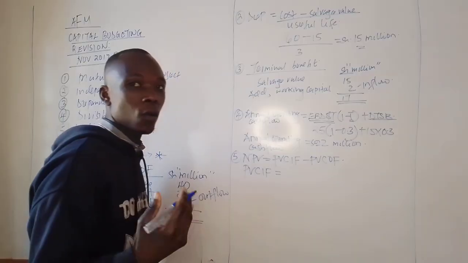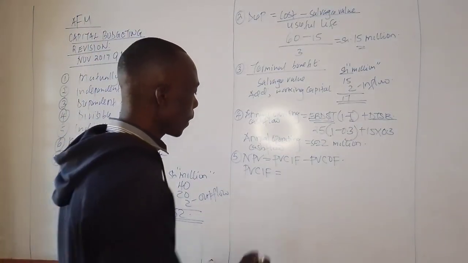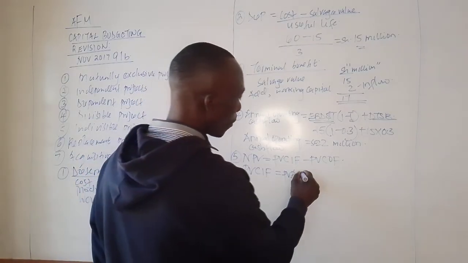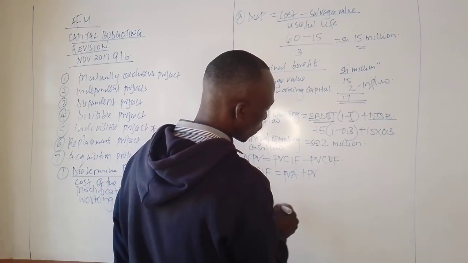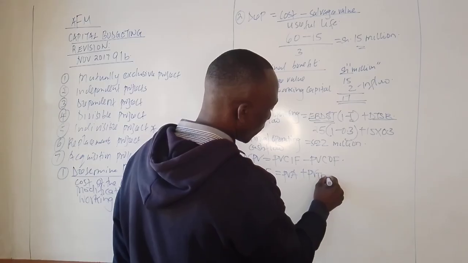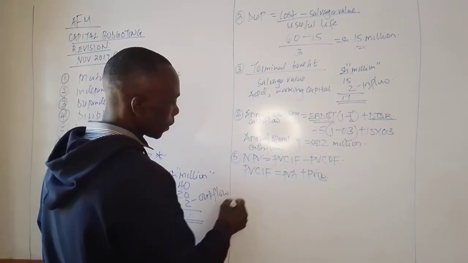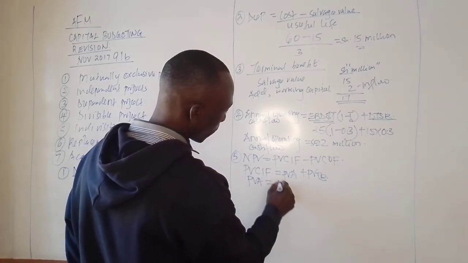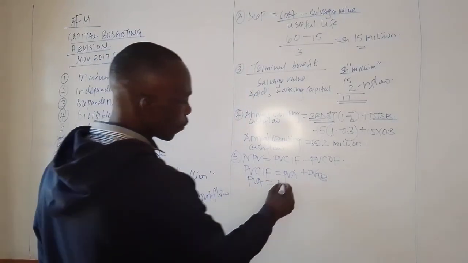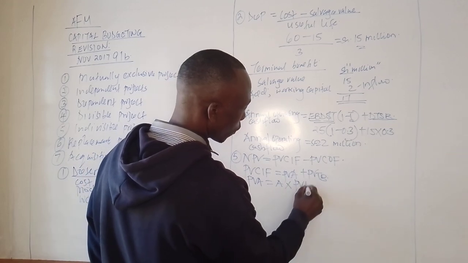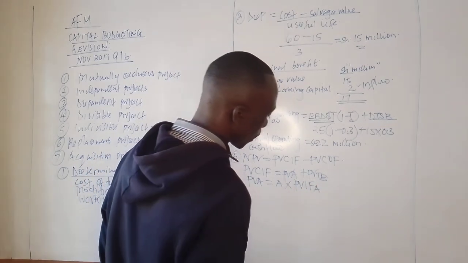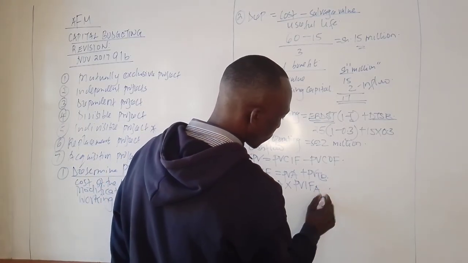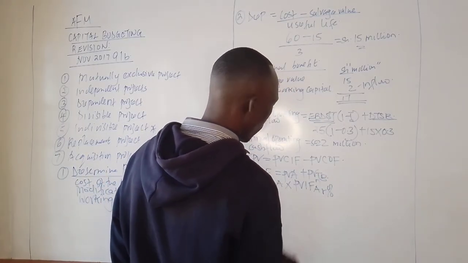The present value of cash inflow in our case will be given by the present value of annuity plus present value of terminal benefit. So how do we arrive at the present value of annuity? It's given by the annuity, then you multiply by the present value interest factor annuity, R percent, raised to power n.